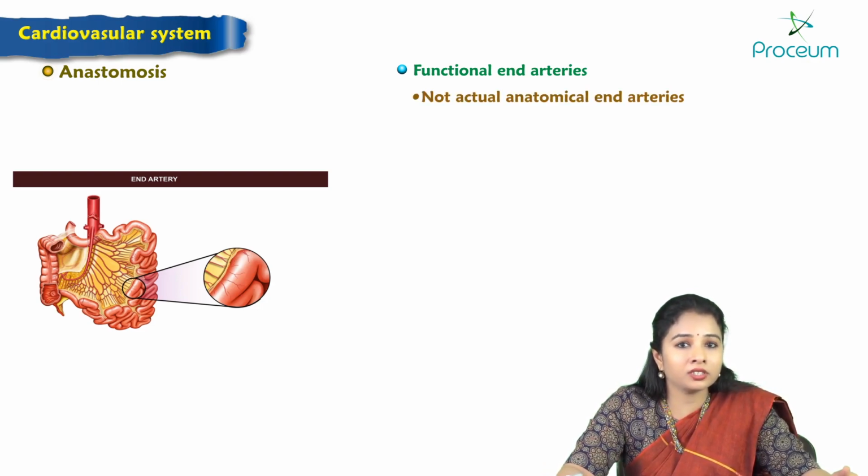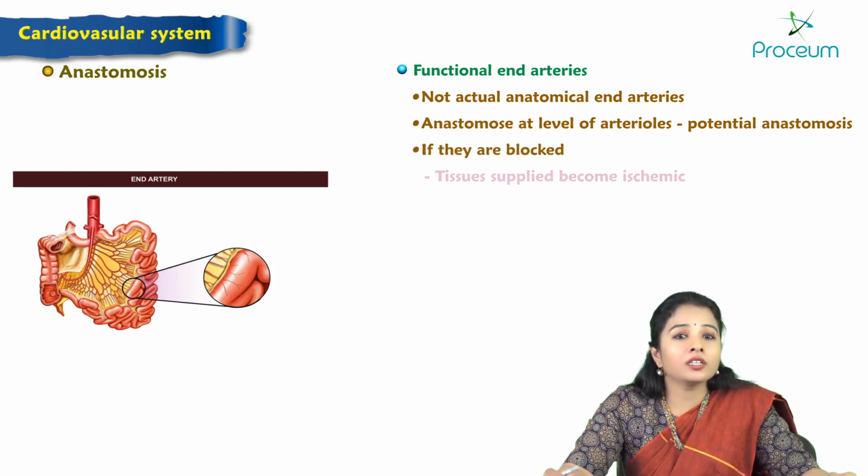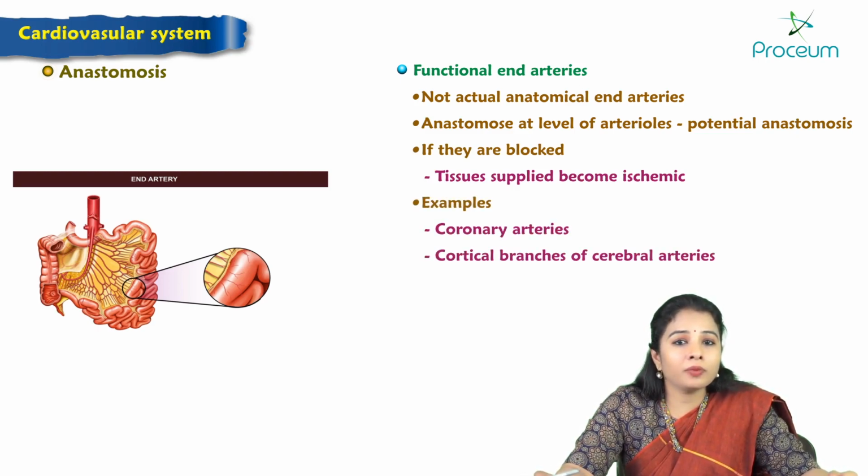They have communications, but the anastomoses at the level of arterioles are very thin. This is the potential anastomosis we just discussed in coronary arteries. If they are blocked, the tissues supplied by them become ischemic. Examples are coronary arteries and cortical branches of cerebral arteries.